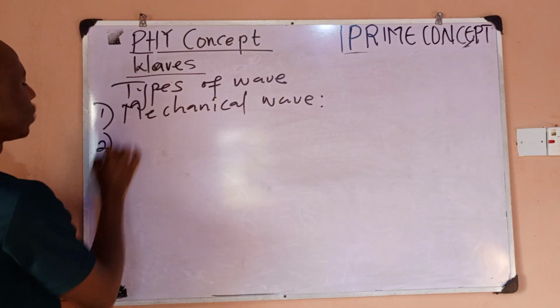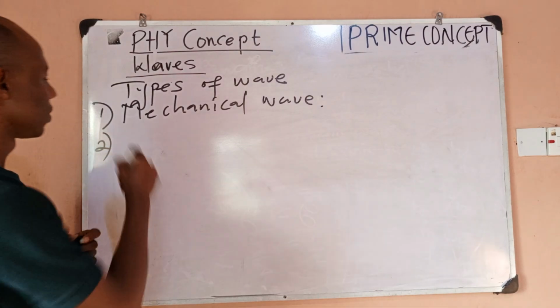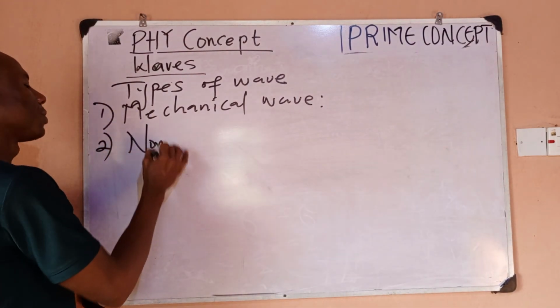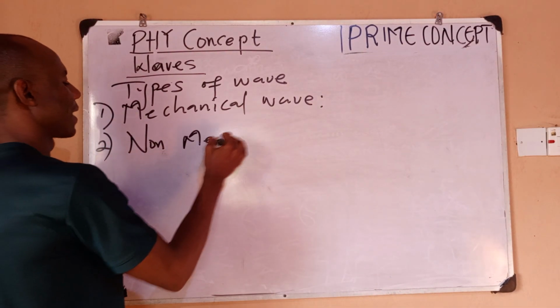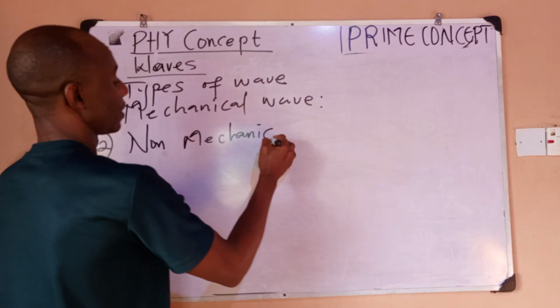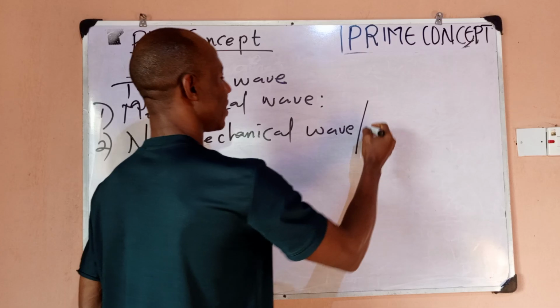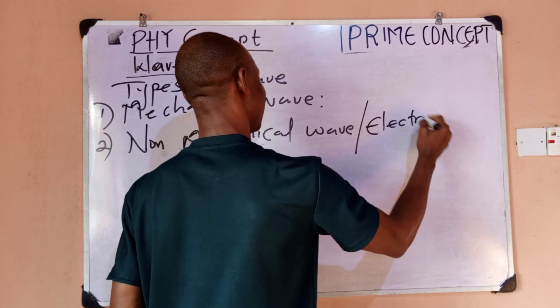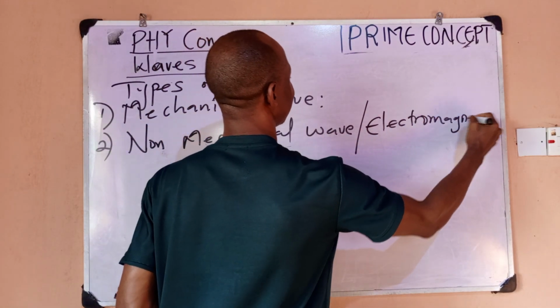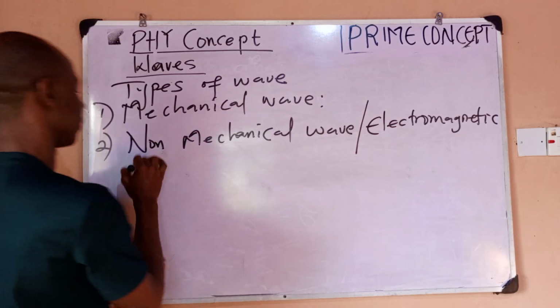The number two type of wave we have, because we have two types, is non-mechanical waves, which we can also call electromagnetic radiations.